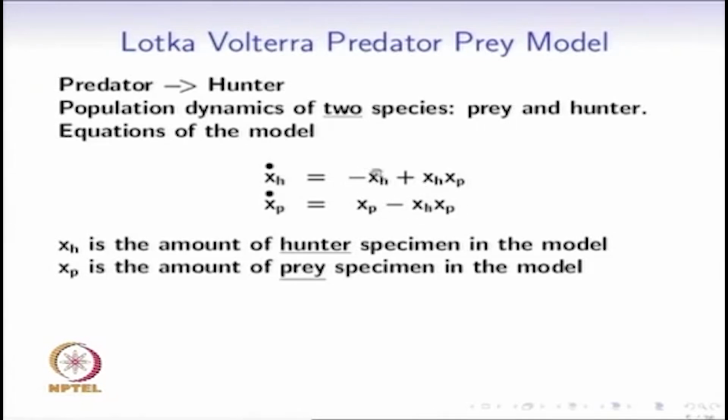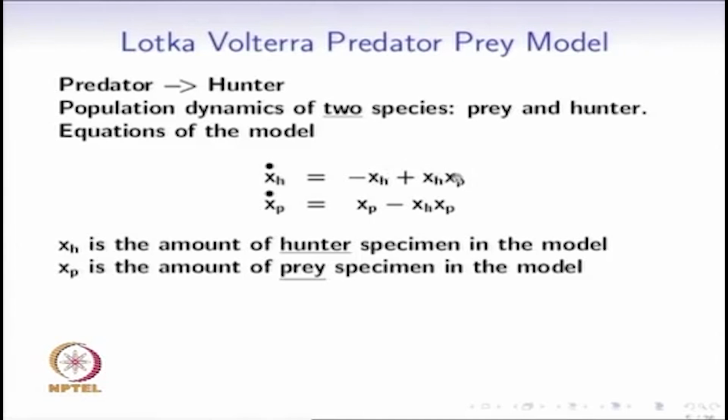The first term in each equation is how the particular species would evolve if there were no other species. The first equation says that if there were no prey, that is if XP were equal to 0, then XH would just decrease as a function of time.